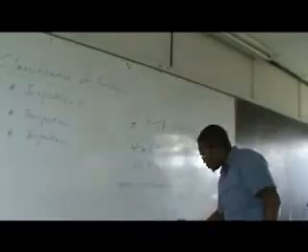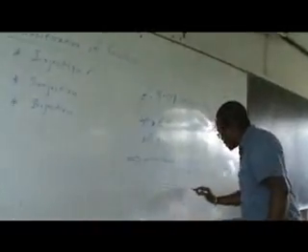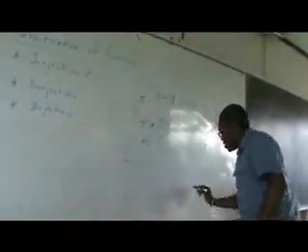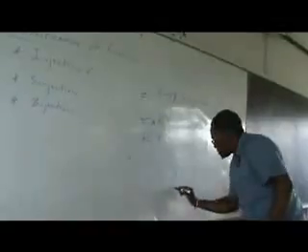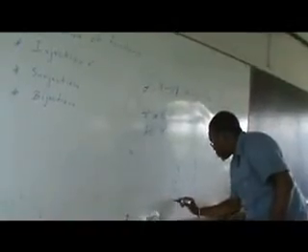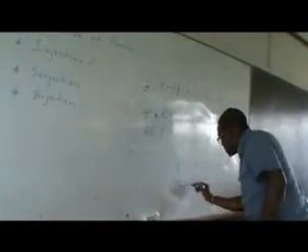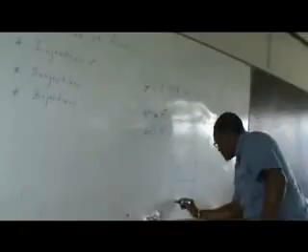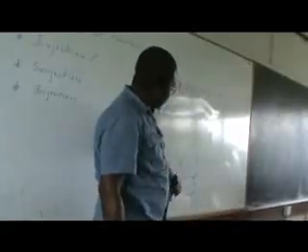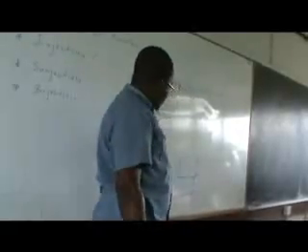If this is your x and this is your y, your domain and your codomain, now we have 3 elements in your domain and we have 4 elements in your codomain.